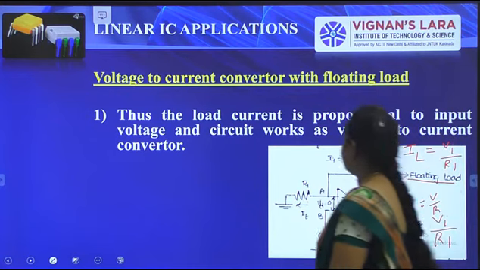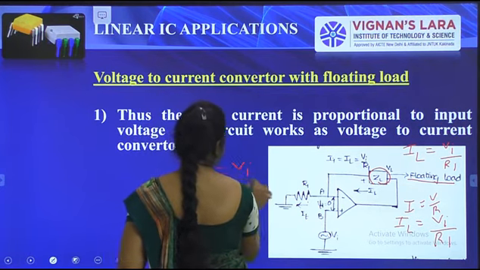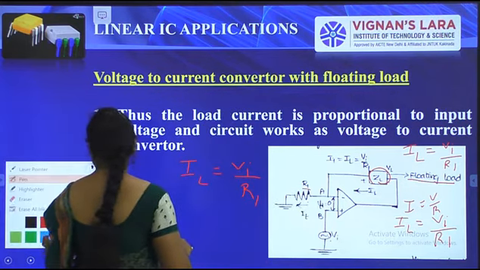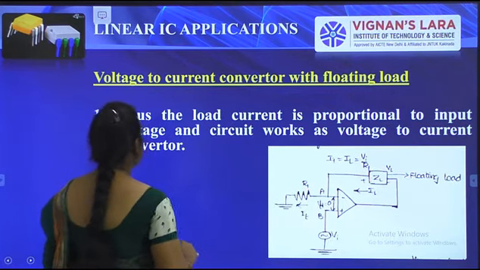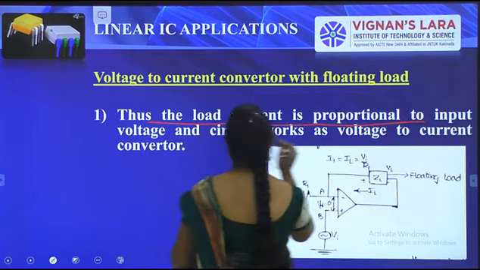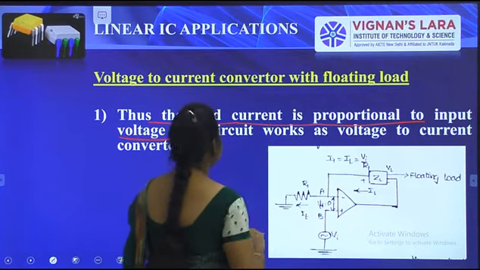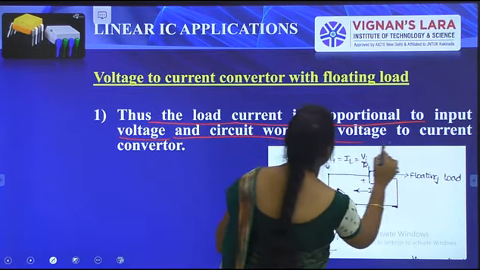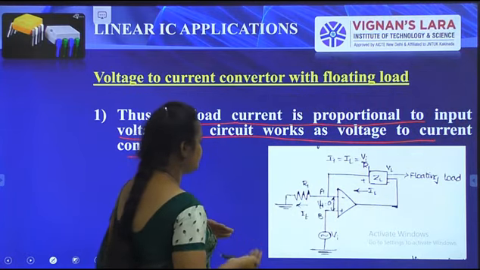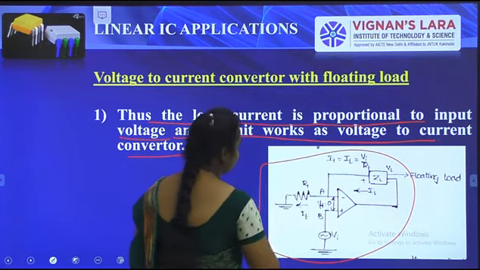So the final equation is IL is equal to VI by R1. This load current is proportional to the input voltage, and the circuit works as a voltage to current converter. We are converting voltage to current by using this floating load circuit.